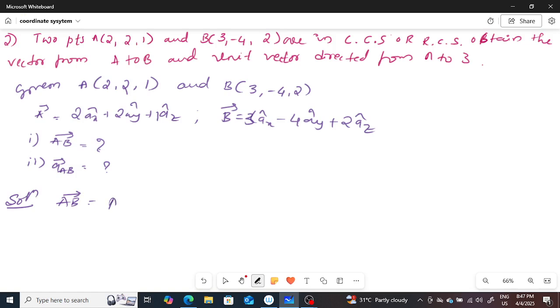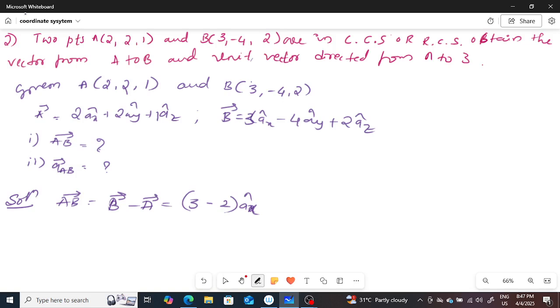That is vector B minus vector A. Directly you can write 3 minus 2 ax. Or you can write out the full vector B and then vector A, but direct steps are better to learn.